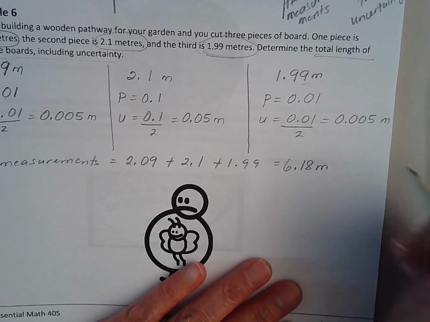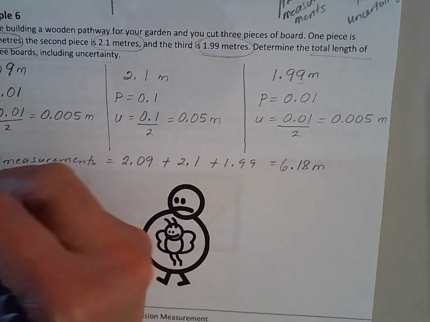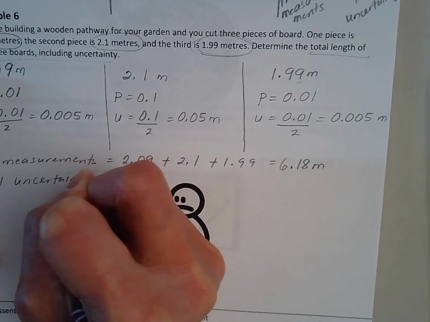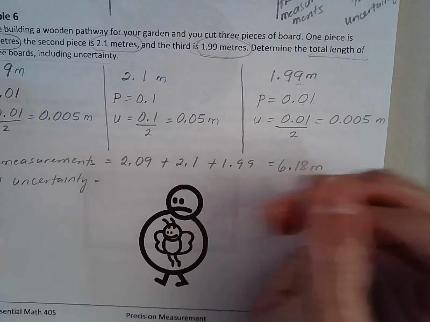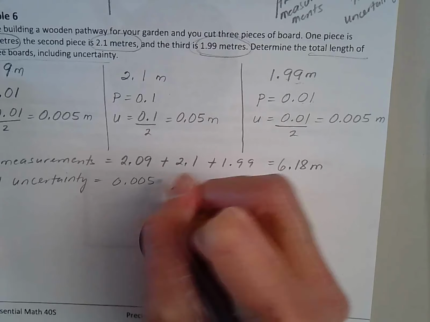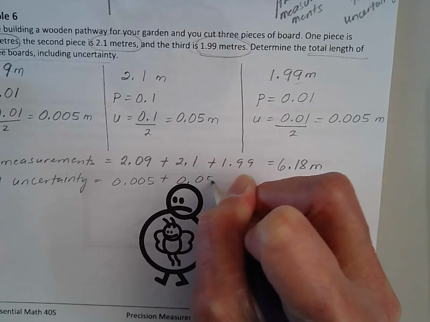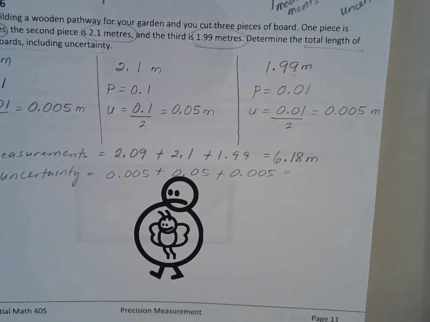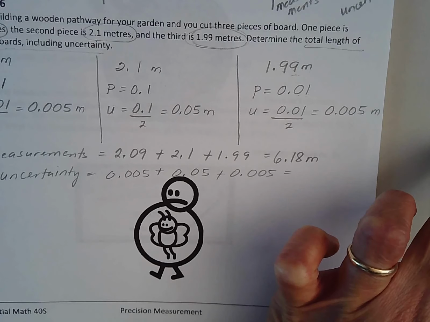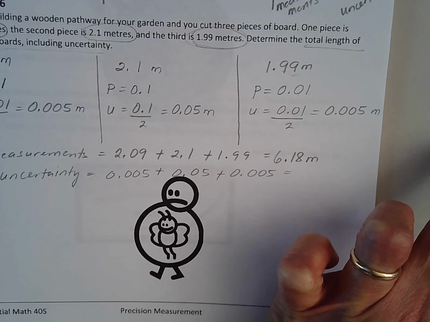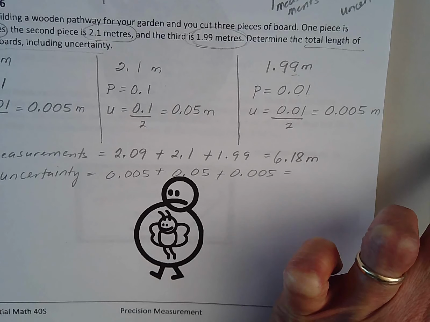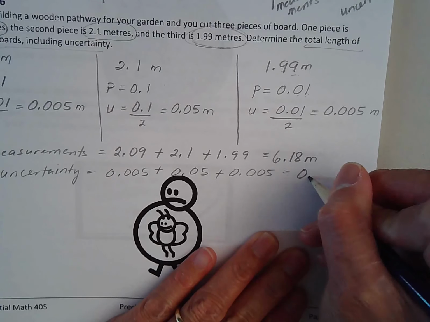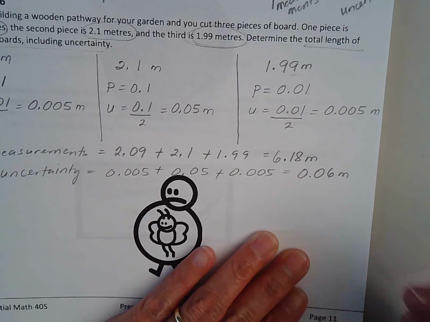That's 6.18 meters, and then total uncertainty would be 0.005 plus 0.05, which is 0.06 meters.